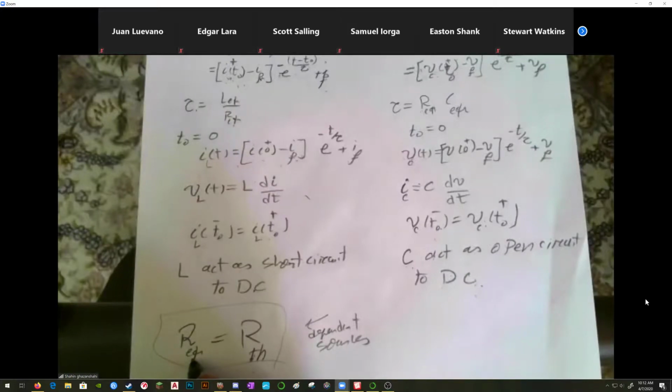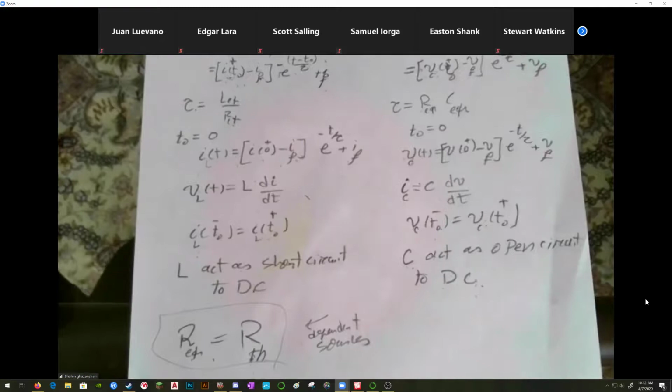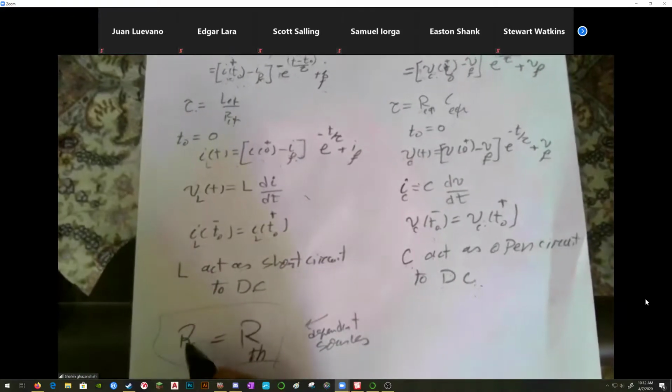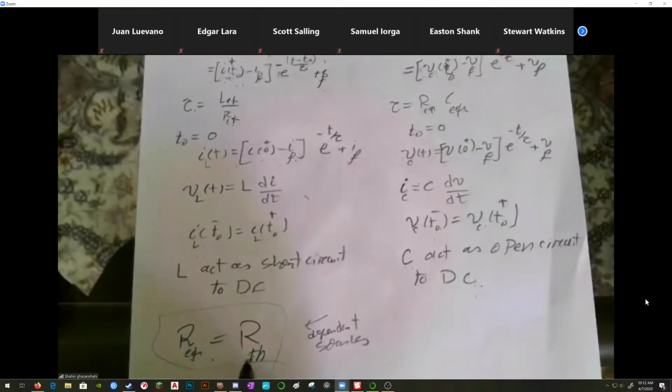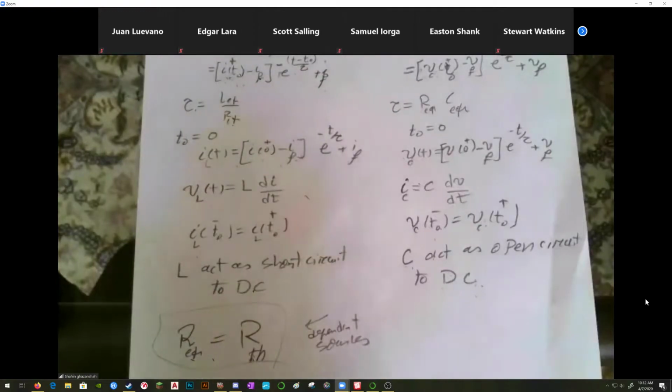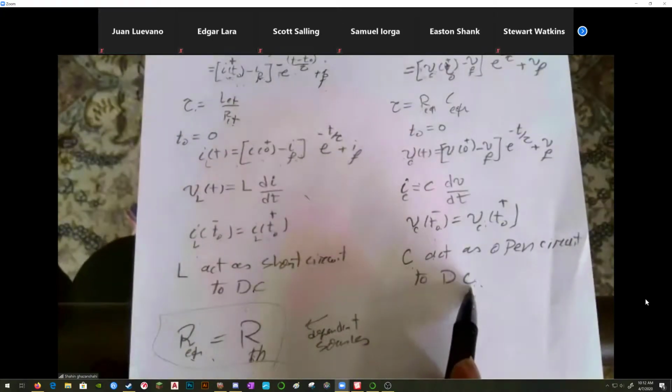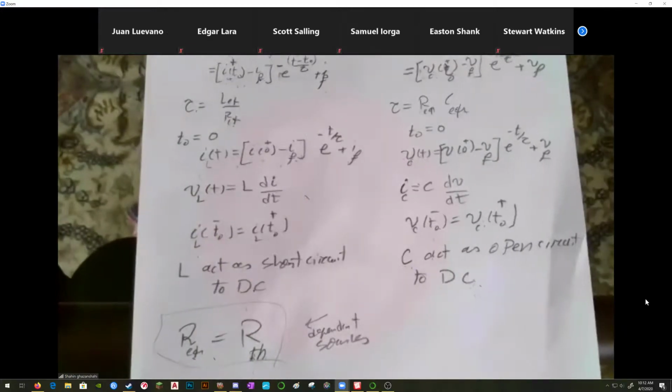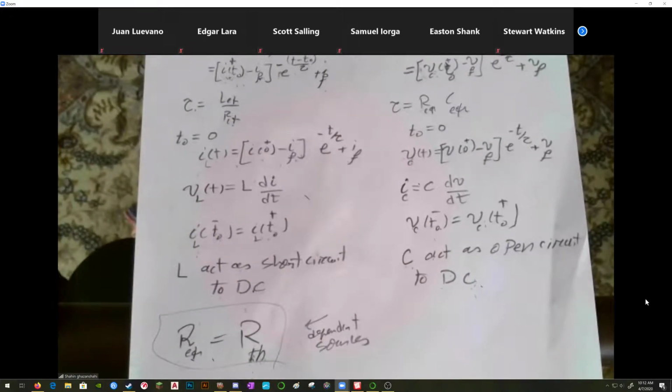Another thing you need to remember is that in a circuit with dependent sources we cannot calculate the R equivalent directly. That's the same as R Thevenin. Actually, it's always, but when there is no dependent source, we don't need to go to Thevenin equivalent. But when there is a dependent source, it's better we calculate a Thevenin equivalent across the inductors or capacitors to get the R, because other than that, we cannot eliminate the dependent sources.